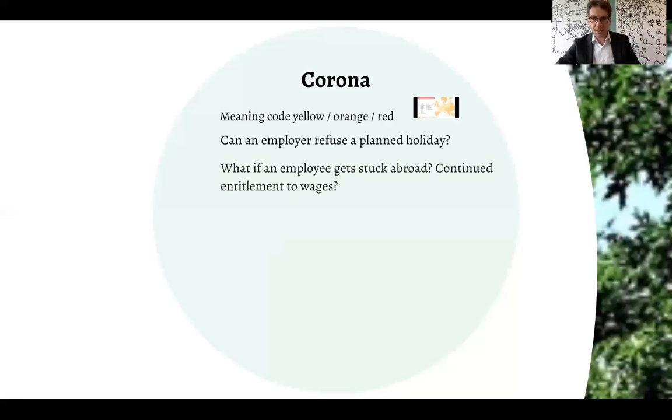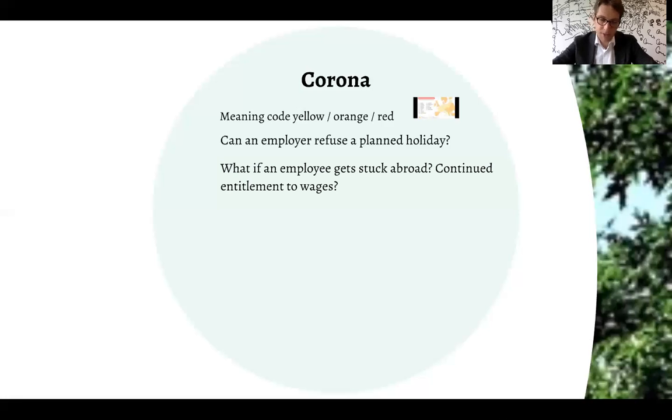So what if an employee gets stuck abroad? Is he or she entitled to continued payment of wages? Well, as said, that would depend on the color code at the moment the employee leaves. Right to salary depends on the question in whose sphere of risk it is that it's not possible to work.